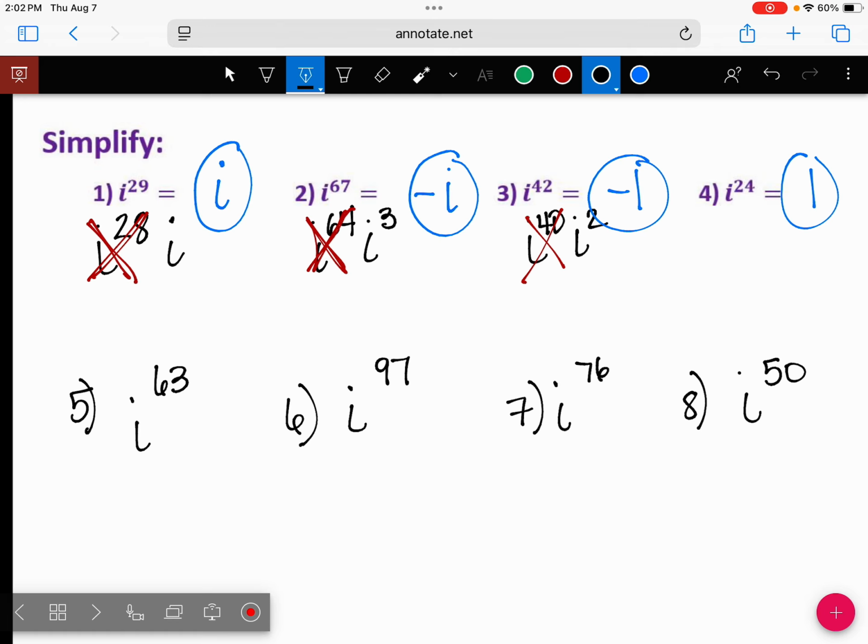All right, let's see how we did. What did you all come up with for i to the power of 63? Who got -i? I would agree because we can go up to i to the power of 60. I have 3 left. i to the power of 3 is -i, so that should be your answer. 97, what did you come up with? 1 or i?